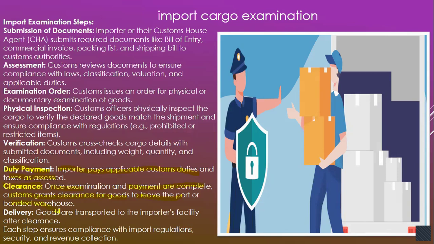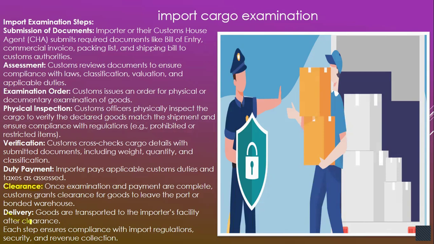In bonded warehouses, goods can be kept for storage until the transporter takes delivery of the goods. They can be kept in bonded warehouses or other warehouses. So clearance means goods are cleared from the government side. It is also called out of charge. Out of charge means the government allowed taking delivery of the cargo.